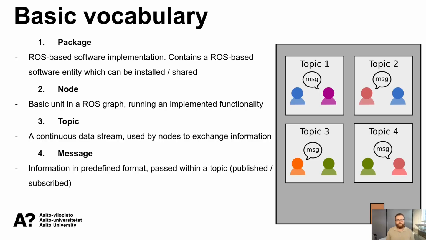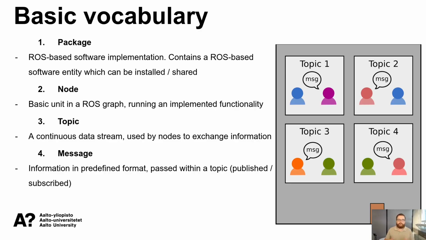So let's jump into basic vocabulary when talking about these ROS-based solutions. We'll use this image on the right as a simple example to illustrate what we are talking about. Starting with a package: a package is basically a single ROS-based software implementation.